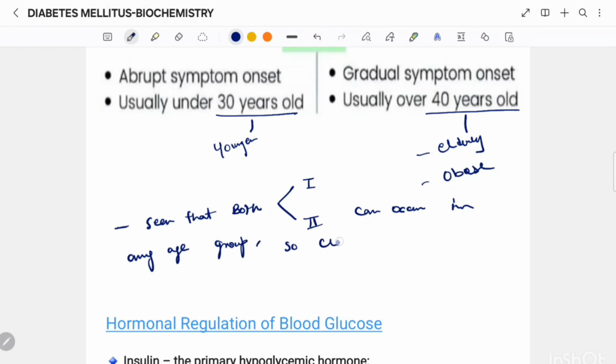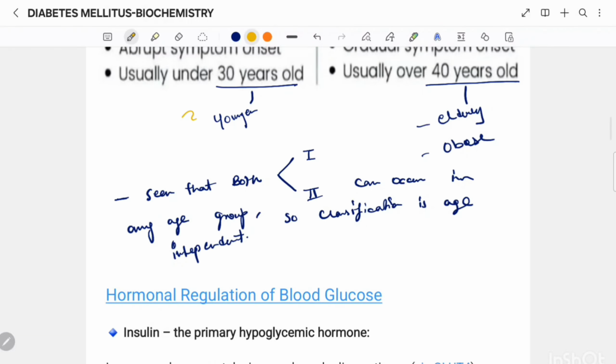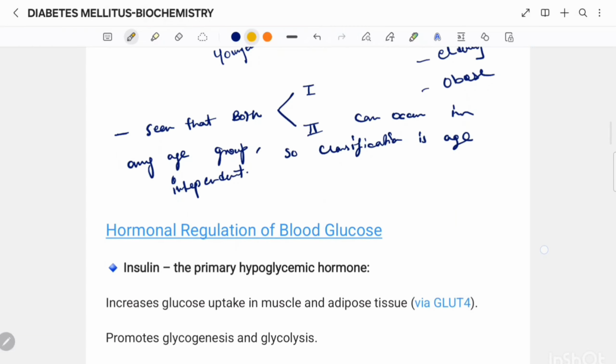So the classification is age independent, but some books also mention that it is age dependent, so we have discussed that.